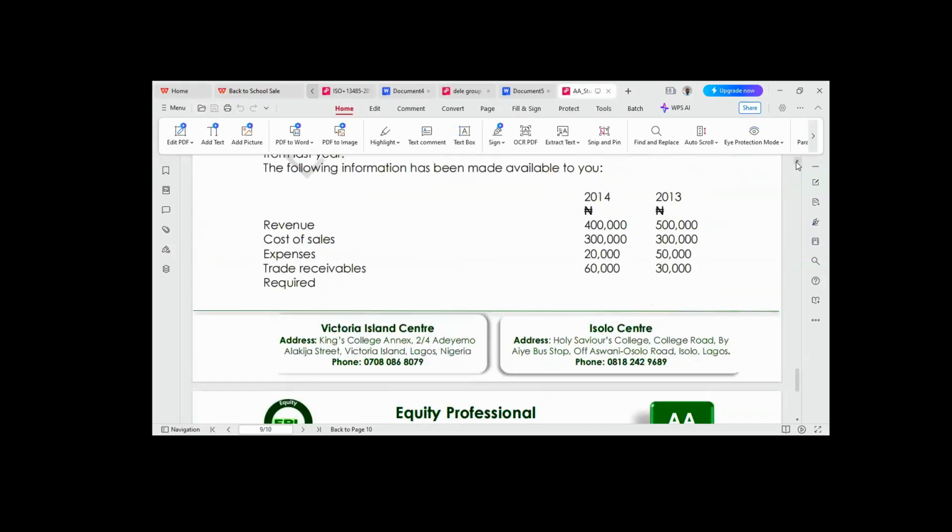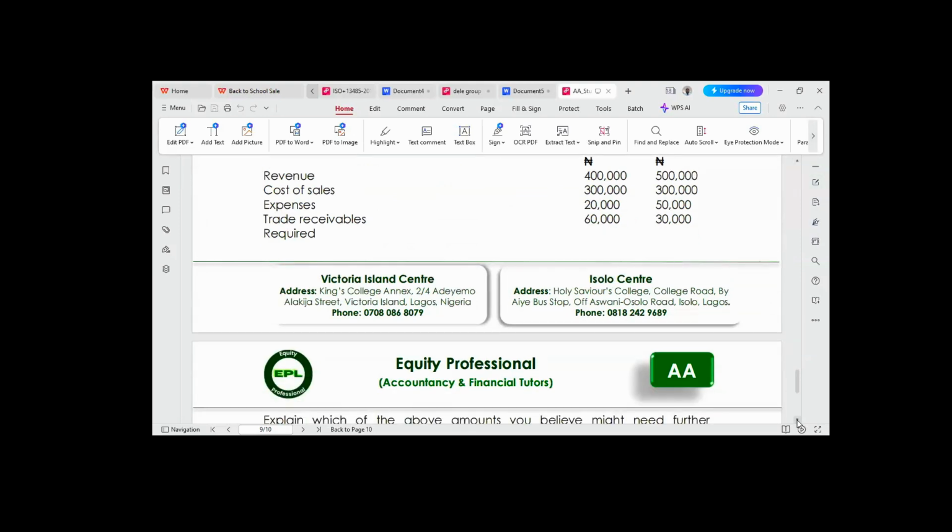So if you look at the gross profit for 2013, that is 500 minus 300. That's 200, right? Gross profit is always a percentage of your turnover or revenue. So you have 200 divided by 500. That is 40%. Remember your ratio: gross profit margin is your gross profit divided by your revenue.